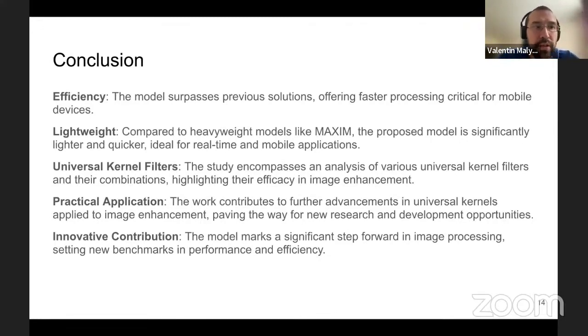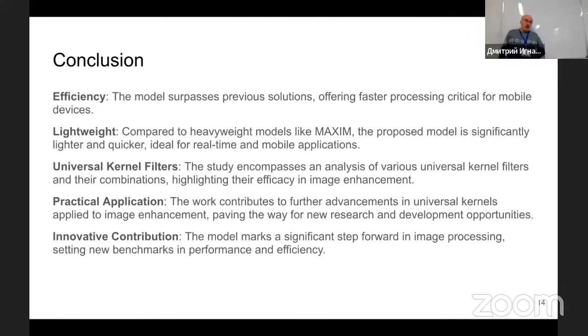But since our model is really small, it has only 47,000 parameters, we have enough even with 4,000 images. Since the model is small, it has no need for such a huge data set to train. So yes, we tried, but it hasn't shown improvement for us.